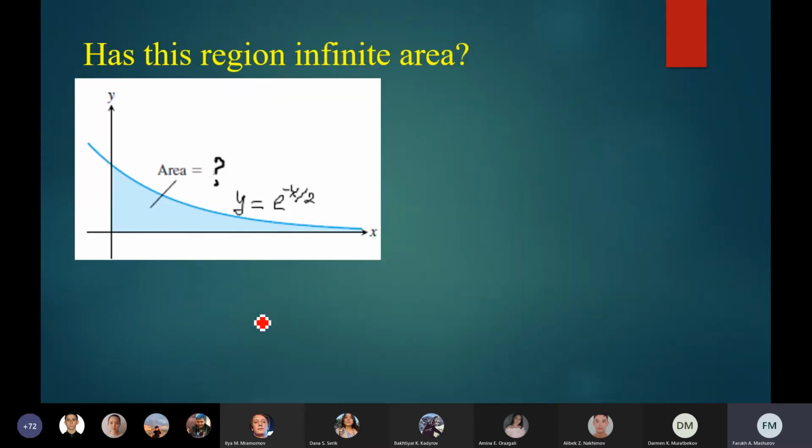Okay, guys, what do you think? What will be the area of this object? For example, I have a function y equals e to the power minus x over 2. Does this region have infinite area or finite area? Since this goes up to infinity, and between the x-axis and this graph we have very little regions, what do you think?